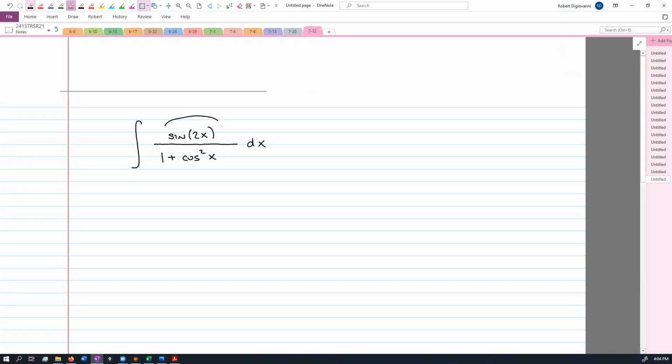Is there a way you can rewrite this from pre-cal? The 2 sine x cosine x.